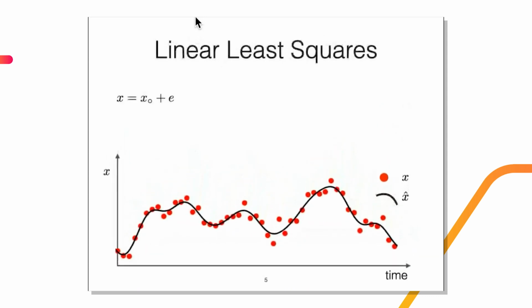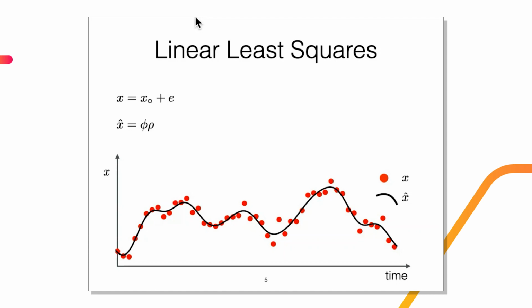You can think, for instance, of simple linear least squares, where you would say that the red dots are actually x equal to the true x, x0, plus some noise e. And then you could, for instance, propose a model structure which would be given as a linear combination of basis functions, so that x hat is equal to phi times rho, where phi is a matrix of basis functions, and rho would be the parameters.